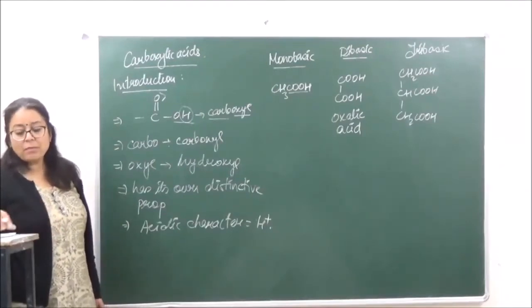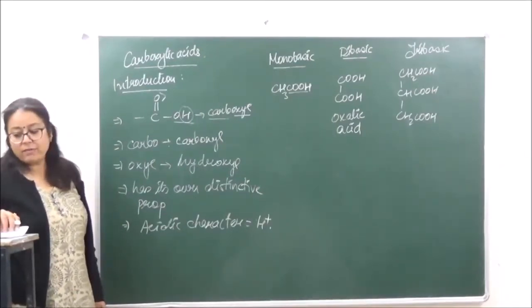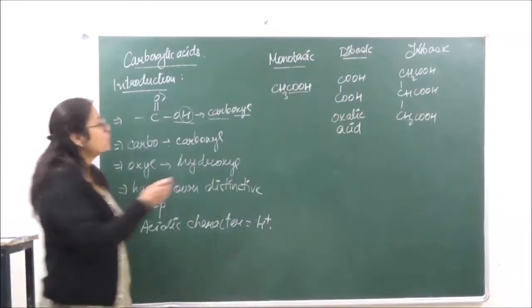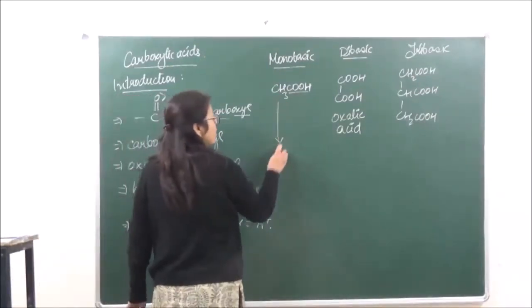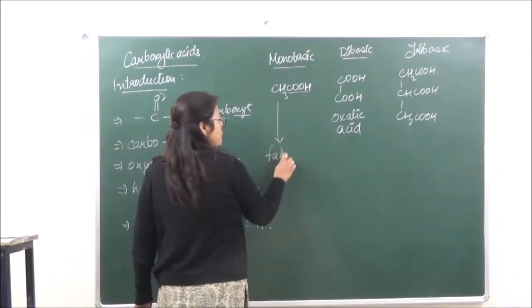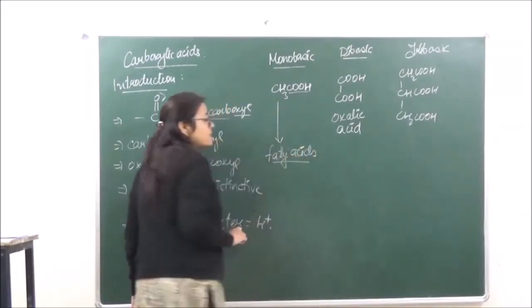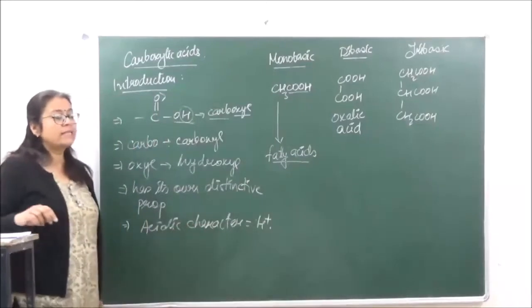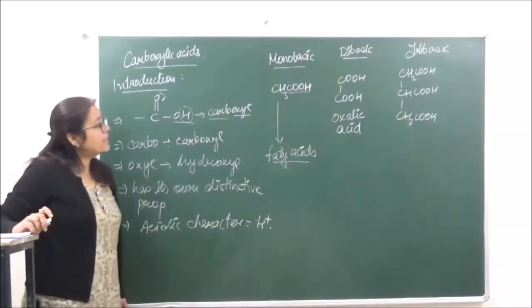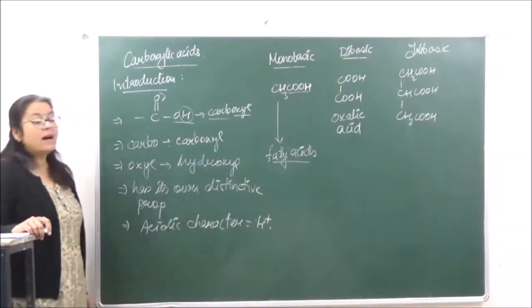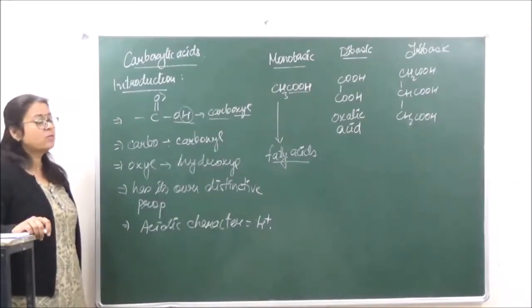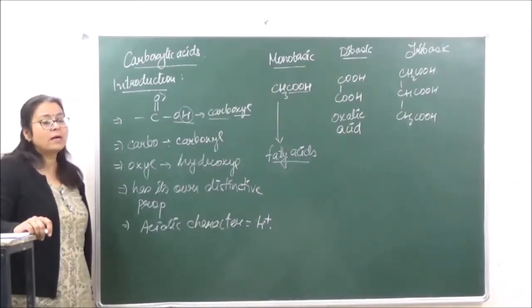Monocarboxylic acids specifically are said to be derived from fats, and therefore they are more commonly known as fatty acids. Generally, fatty acids have a larger number of carbon atoms attached to the carboxyl group.